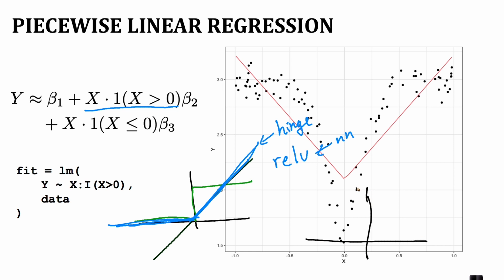Here we have the indicator, it's 1 over here and then 0 over there, and then we have x. So this hinge looks like this. So we have that, and then flat over here.